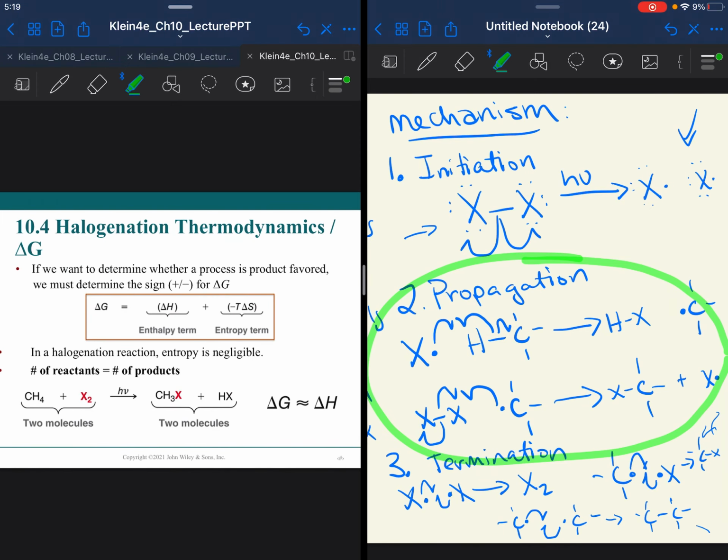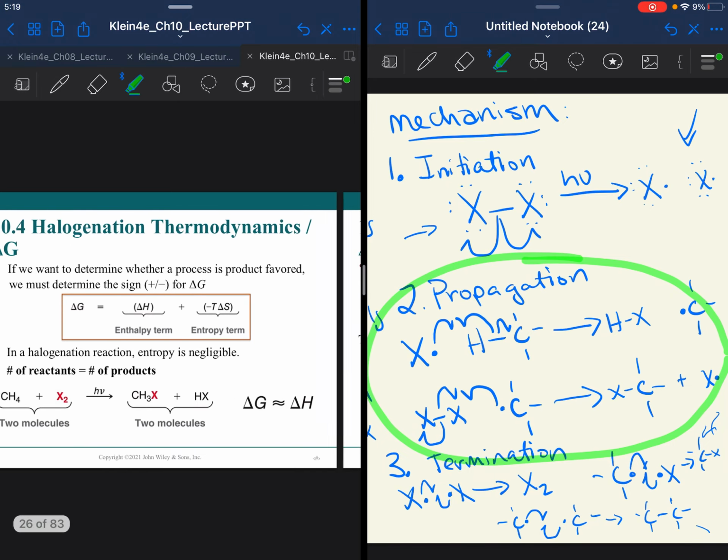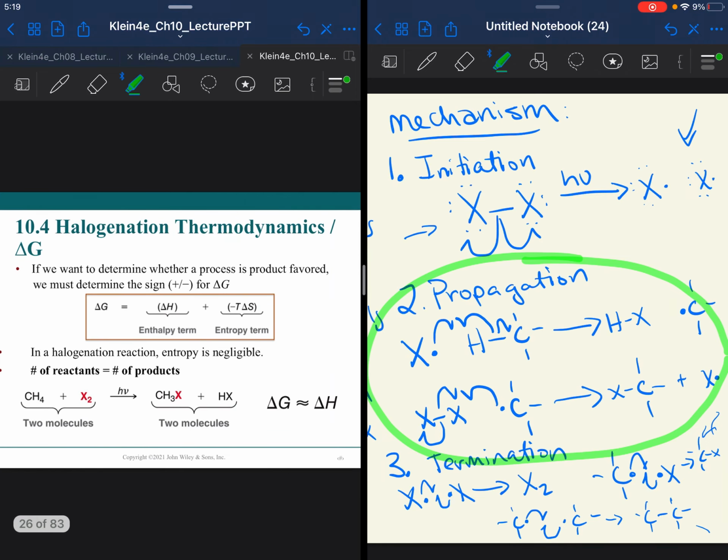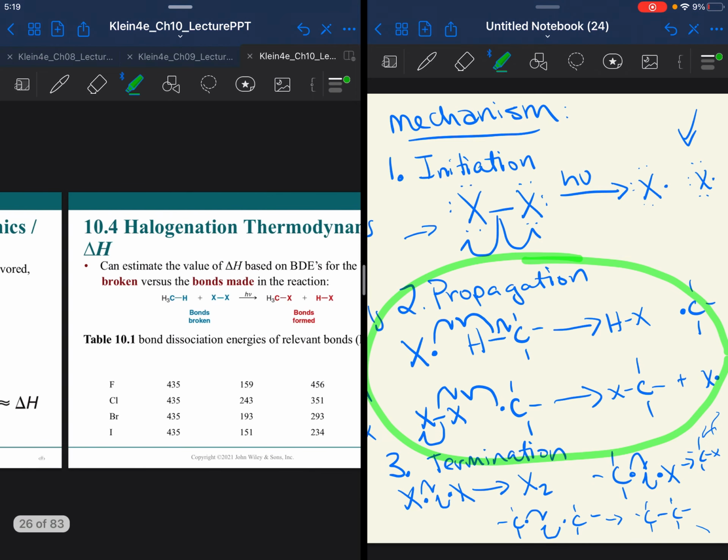We are not terribly interested in the thermodynamic calculations, but what's interesting about this is it does help us to explain why bromination is more selective and more favorable than chlorination, and why we don't use this for fluorine or iodine.